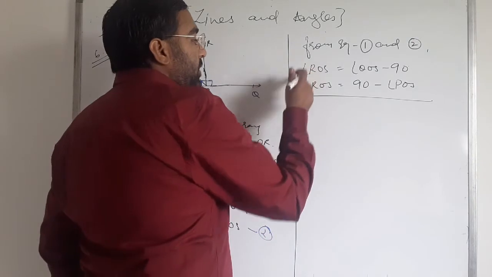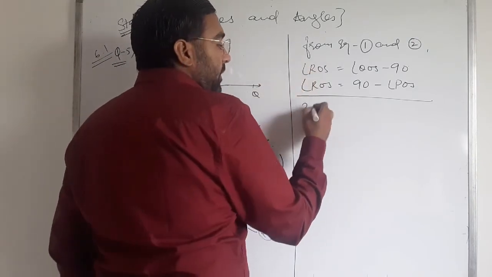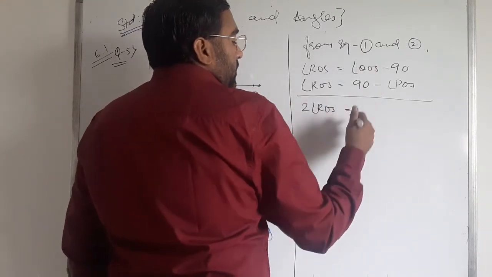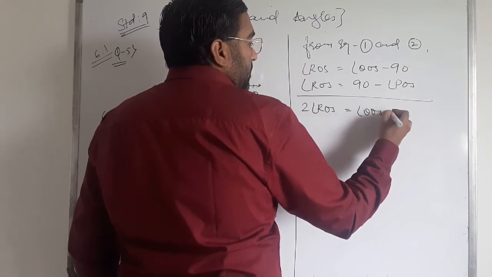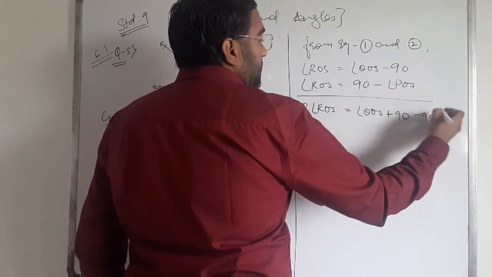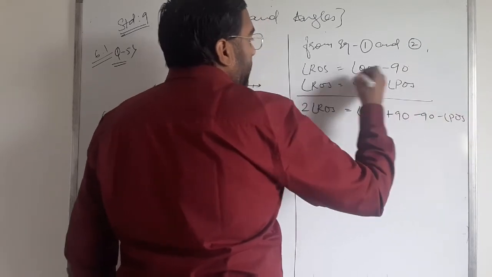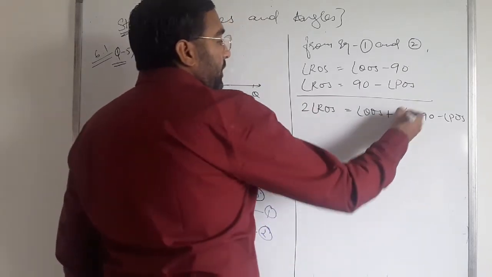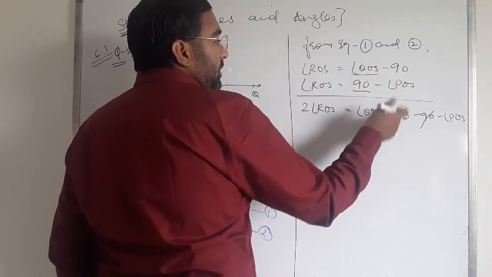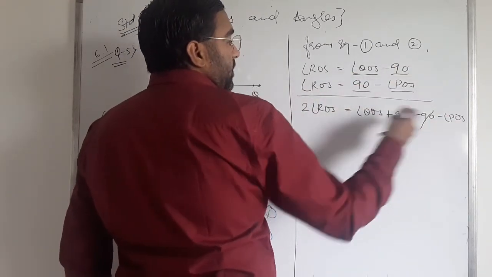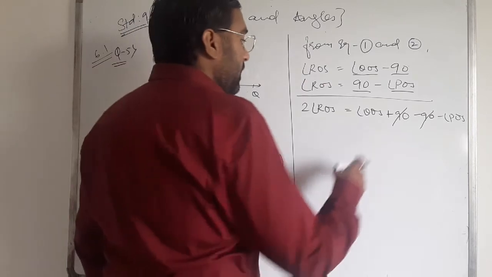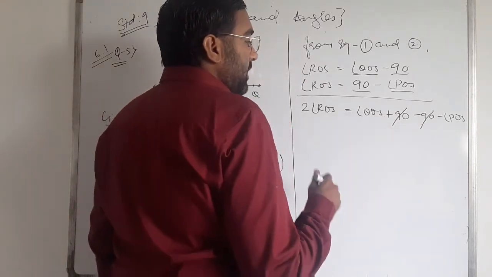When I add them, ROS plus ROS is 2 times ROS, equal to QOS plus 90 minus 90 minus POS. I'll write all of this in horizontal form. Plus 90 and minus 90 cancel out.